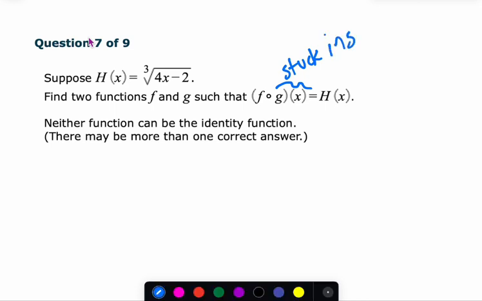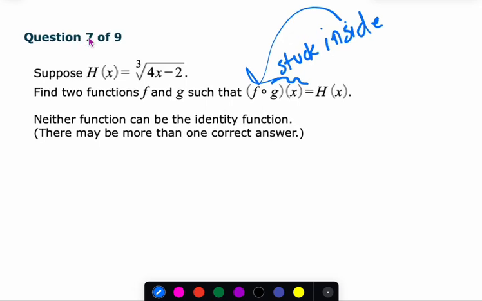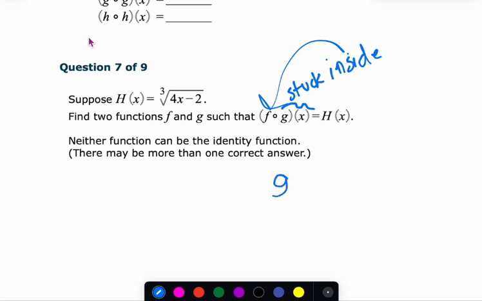We're stuck inside the f function. So just ask yourself, what the heck is stuck inside? What's stuck inside of the cube root? 4x minus 2. So we're going to make g the function 4x minus 2. That should be your inside stuff.